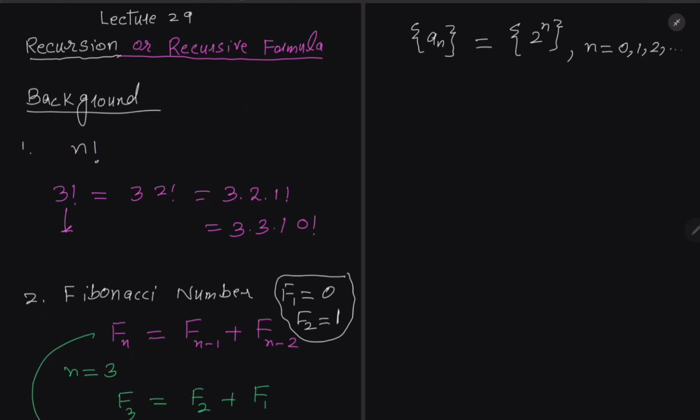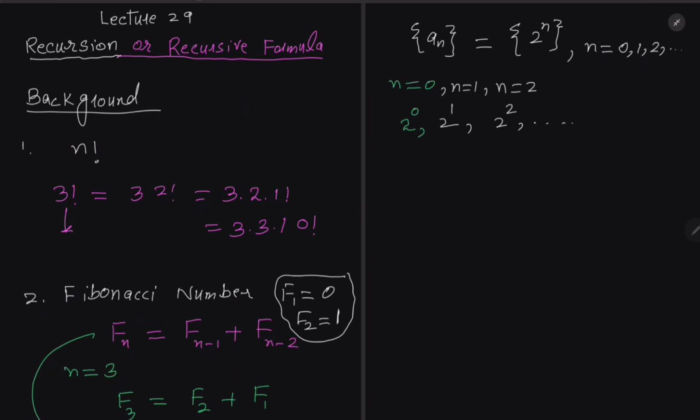So first of all, you want to generate the sequence. For n equal to 0, the first term will be 2 raised to power 0. Then for n equal to 1, we have 2 raised to power 1, for n equal to 2, 2 raised to power 2, and so on.